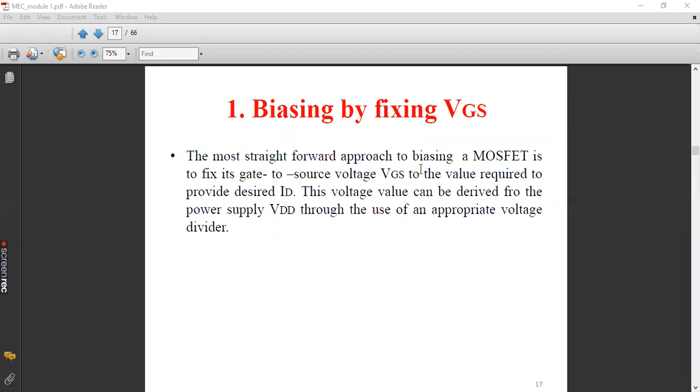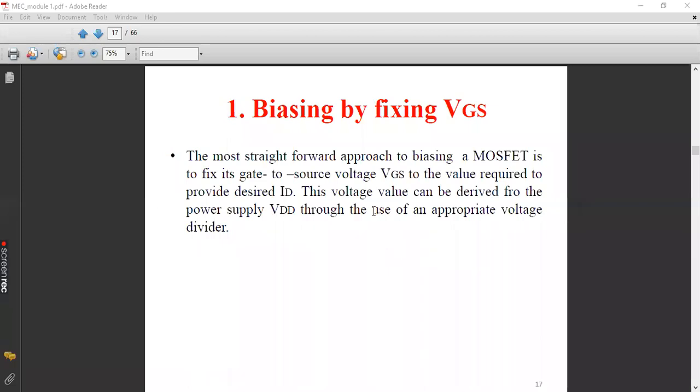So how are we going to fix this VGS? For that, we take a power supply VDD, and by using a voltage divider network, we are able to fix a constant VGS, or constant voltage across the gate and source terminals. That is the first type of biasing, by fixing VGS.